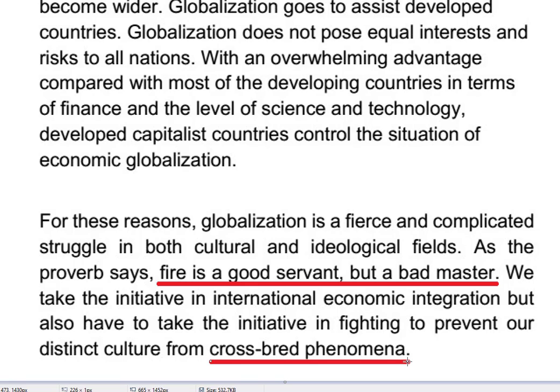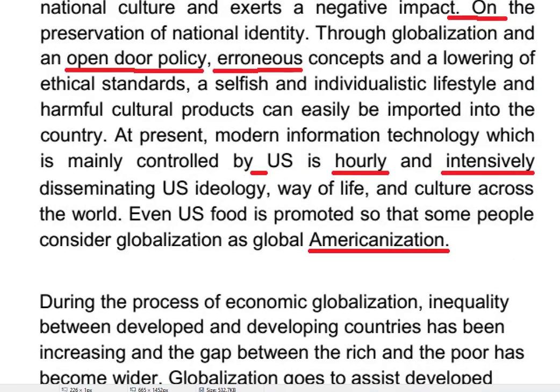But also have to take the initiative in fighting to prevent our distinct culture from cross-bred phenomena. Okay, I'm not too clear on what the initiative is being referred to, but this phrase, cross-bred phenomena, that doesn't make sense to me. Does he mean multiculturalism? Possibly.